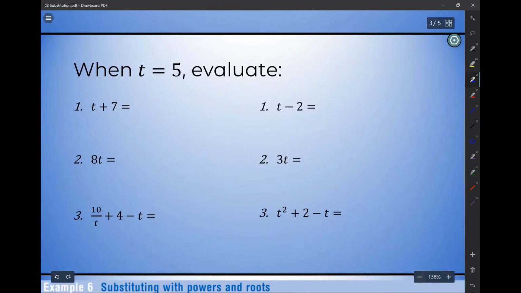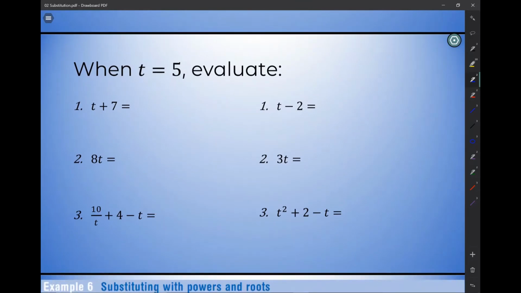I'm going to do a couple of quick examples here. I'm going to answer the questions down the left column, and then I want you to pause after I answer each one and have a go at the corresponding question over here, okay?